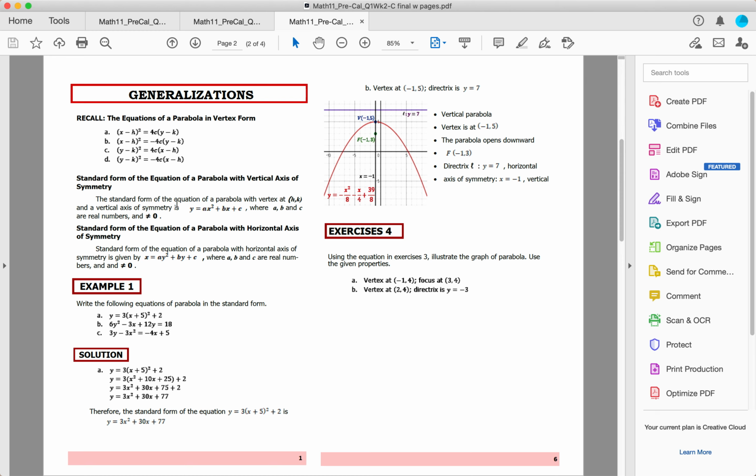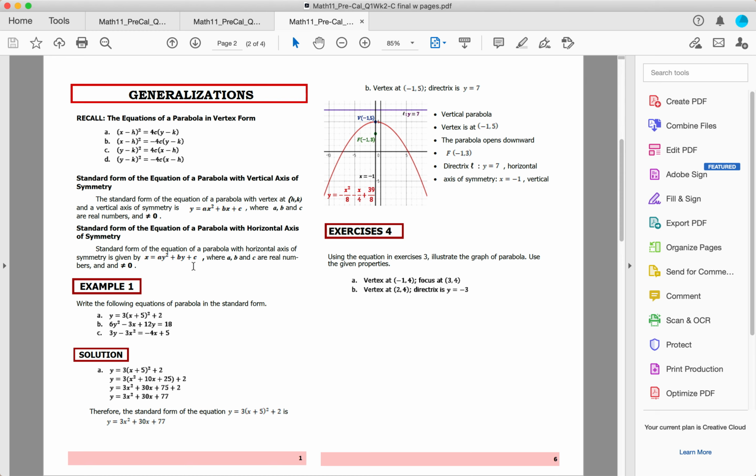The standard form of the equation of a parabola with vertex (h, k) and a vertical axis of symmetry, where a, b, and c are real numbers, meaning the axis of symmetry is a vertical line. But if it has a horizontal axis of symmetry, this is the standard form.